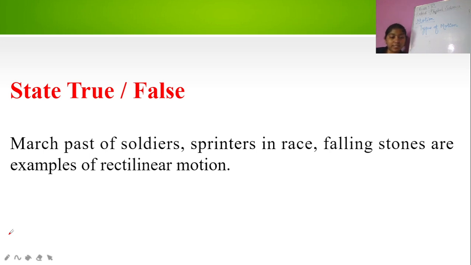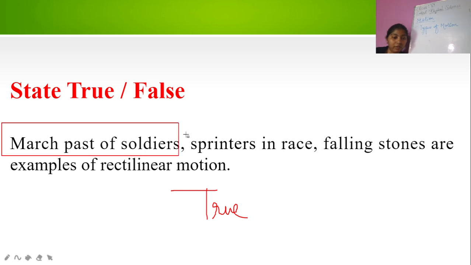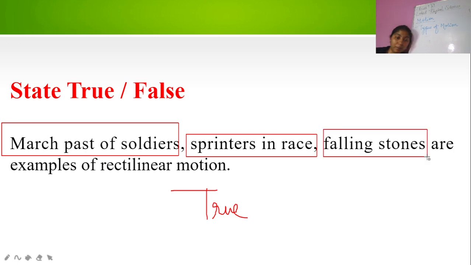So yes students, let's see what's the correct answer. I guess you have done your work. So basically students, this is correct, true, right? Because we just studied rectilinear motion, we can say that the motion of a march past of soldiers, sprinters in a race and falling stones are also examples of rectilinear motion. A few more examples we discuss.